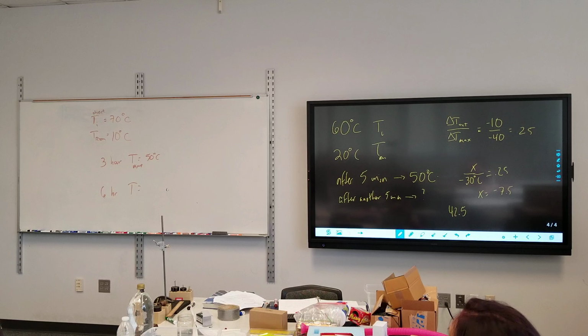It went from 70 to 50. The amount that it actually lost, it started at 70, that was the figure, so it actually lost just 20 degrees.